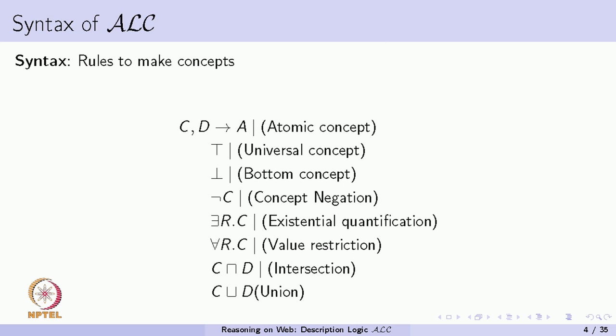So, this is the language itself, it is, as you can see, not a very complicated language, it is a simple language. The concepts that we can talk about are either atomic in nature, or we have this top, which is the universal concept, which we had also at some point called as thing.